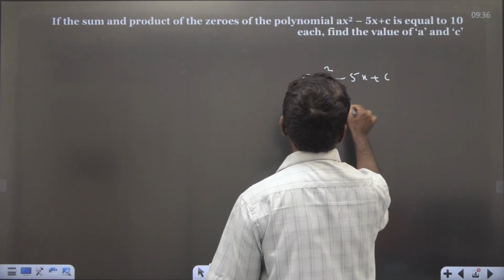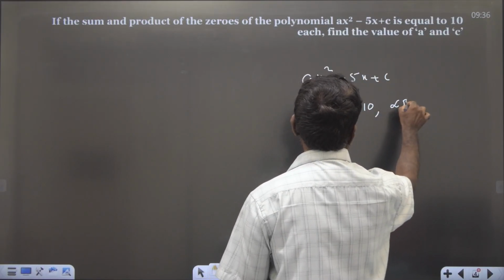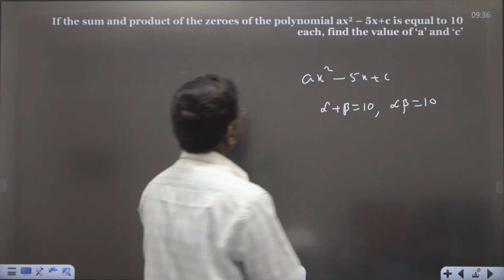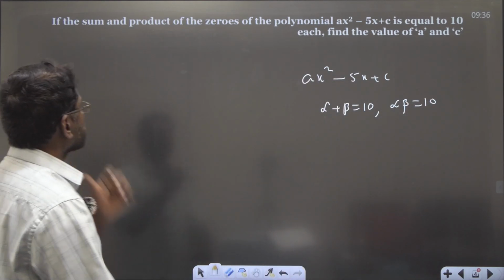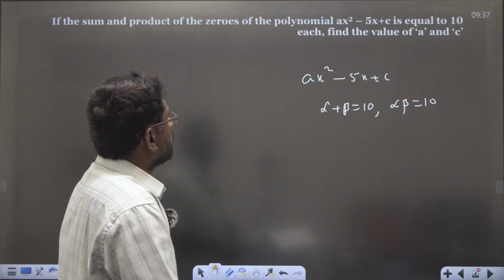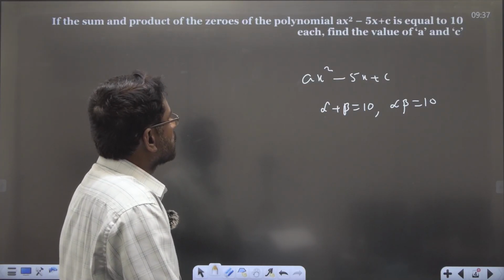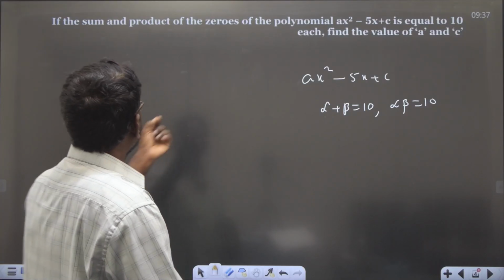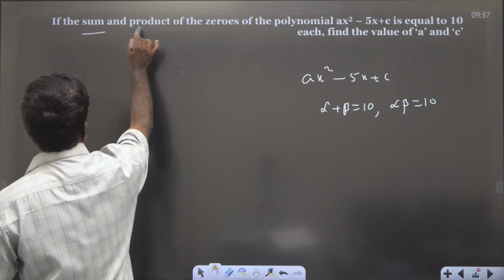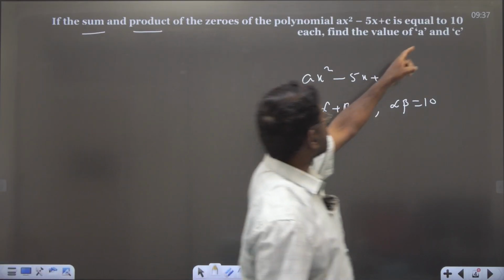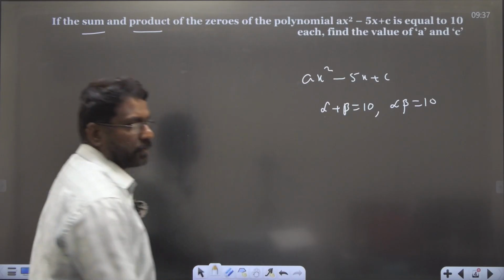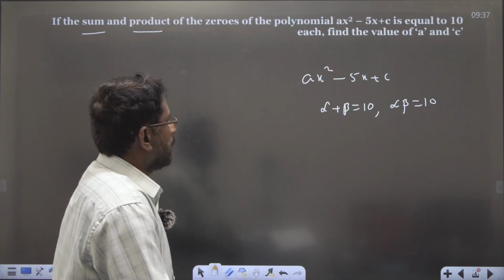Alpha plus beta is given as 10. Alpha beta is also 10. Sum and product is equal to 10 each. So alpha plus beta is equal to 10, alpha beta equal to 10.